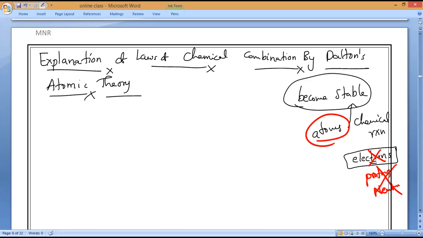So, according to chapter 3, who is only involved in chemical reaction, everybody? Atoms are involved in chemical reaction. The reason is to become stable in nature. That is the reason. Okay.